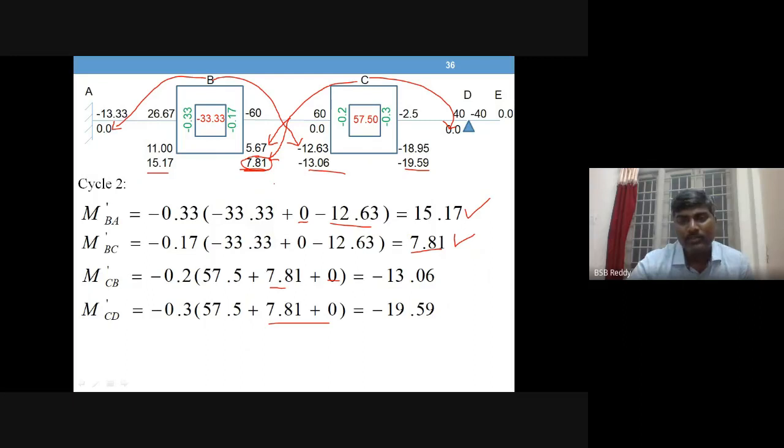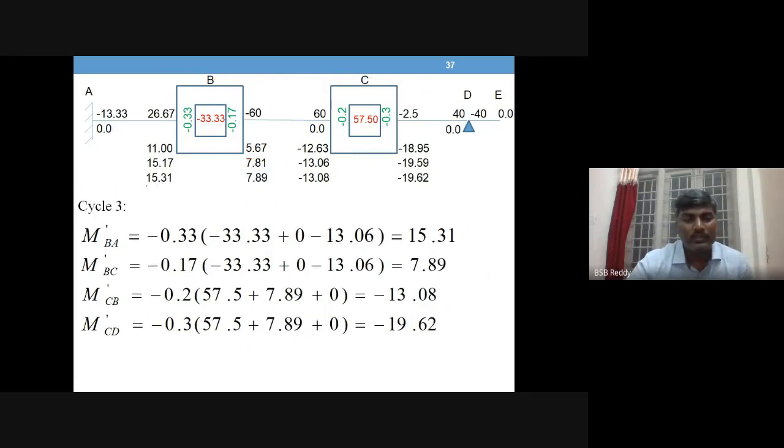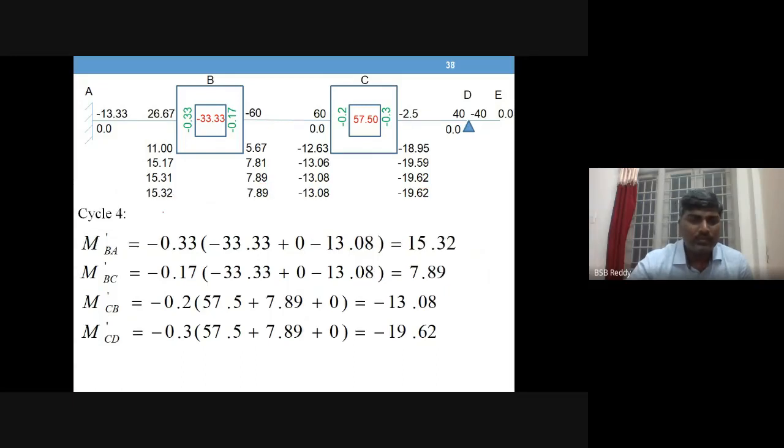Okay, similarly third cycle values, then fourth cycle values are almost stabilized. You can see 15.31, 15.32. So there is a difference of 0.01.